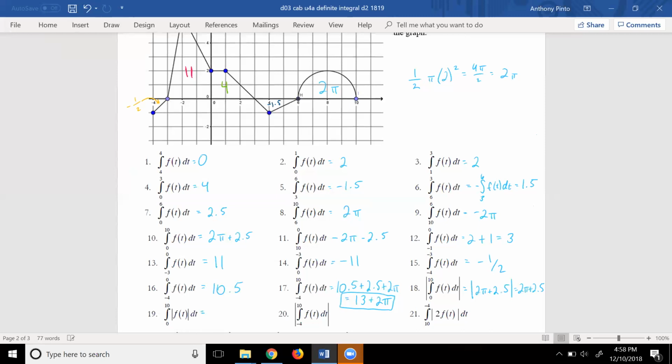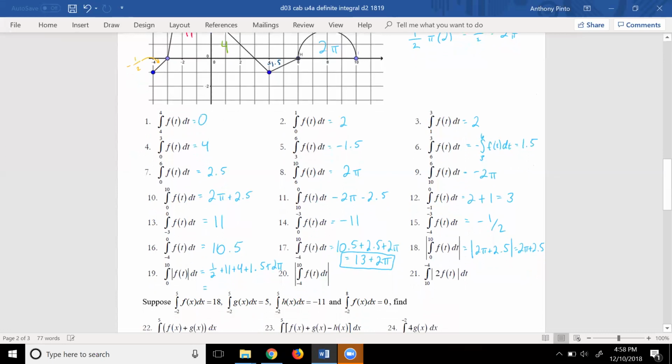So, for instance, negative 1/2 is now 1/2 plus 11 plus 4 plus 1.5 plus 2 pi.